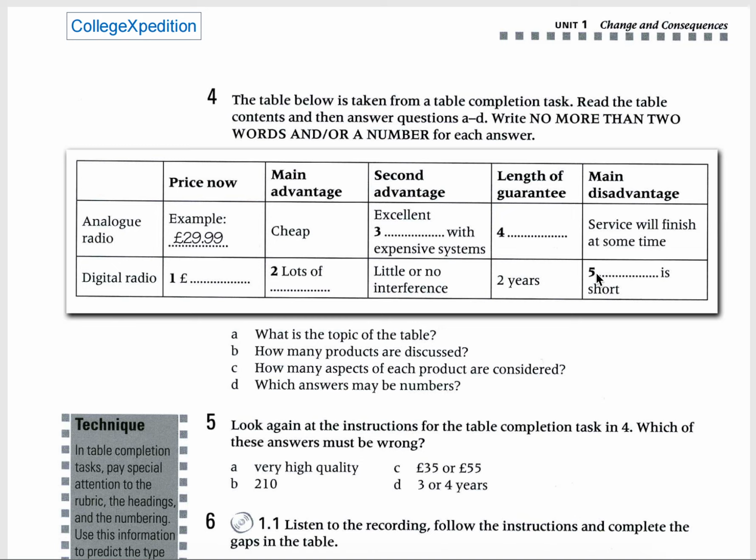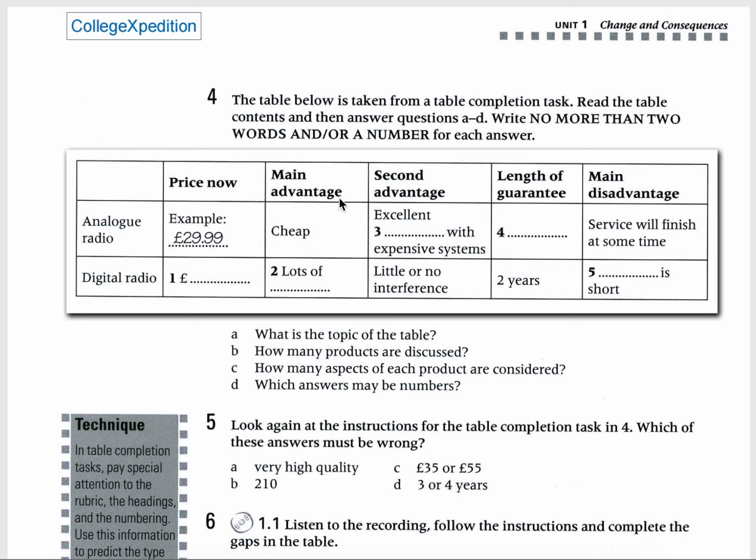And the last one, number 5, remember that you also have a keyword here. So main disadvantage. If the 2 advantages have been asked, for the 5th question, this is about the main disadvantage.